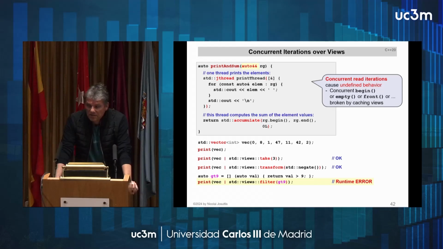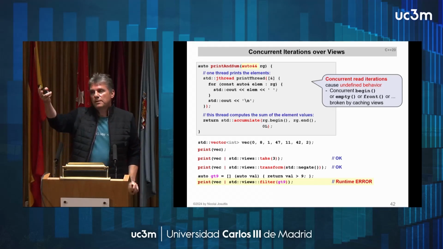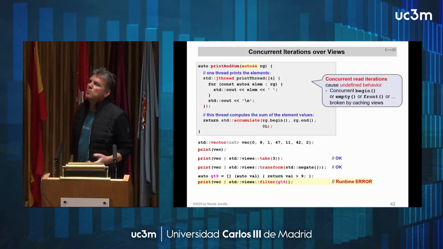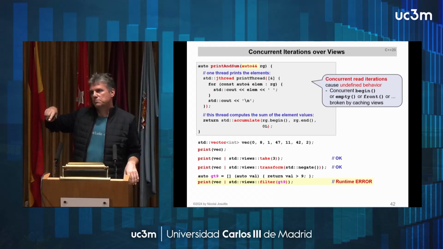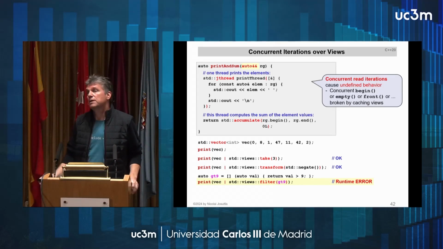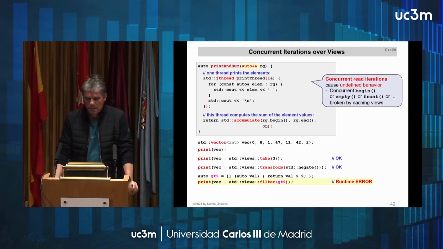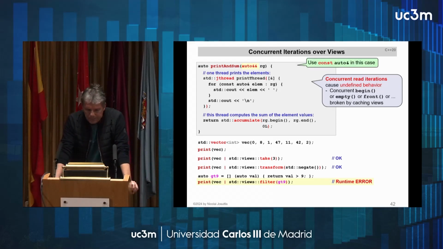There was a nice suggestion. Oh, and by the way, if you use mutable, you hide that problem. We would say, okay, if we make that mutable, we would have to make the begin position atomic. That's what we should do. But that was too expensive. So in this case, please use const auto reference.